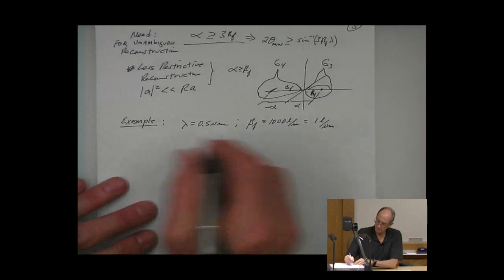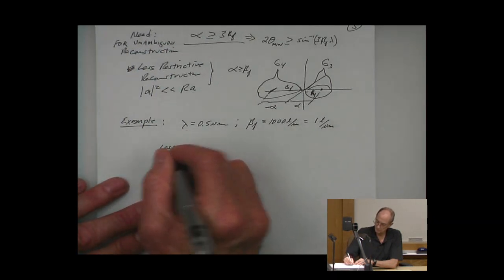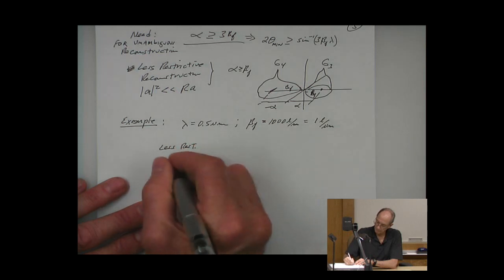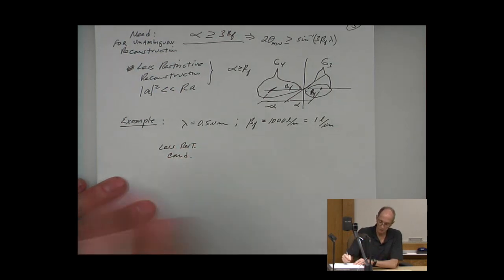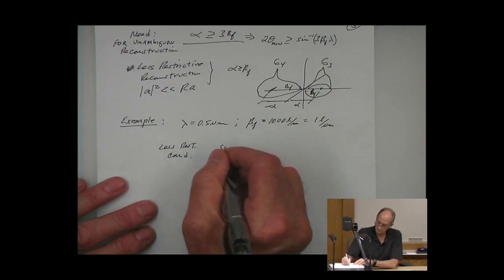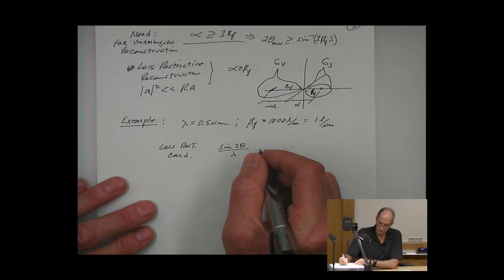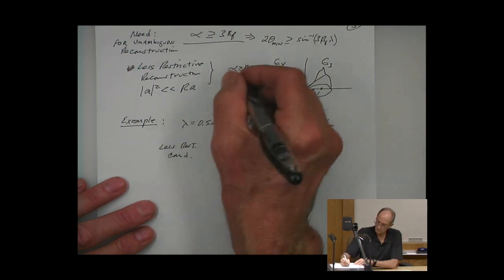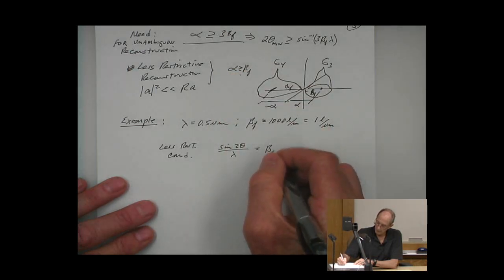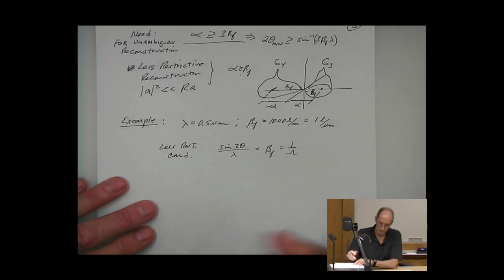If we have this less restrictive condition, we can say that sine of 2 theta over lambda is just equal to BF, so we just take the equal sign there, which is basically 1 over the period.